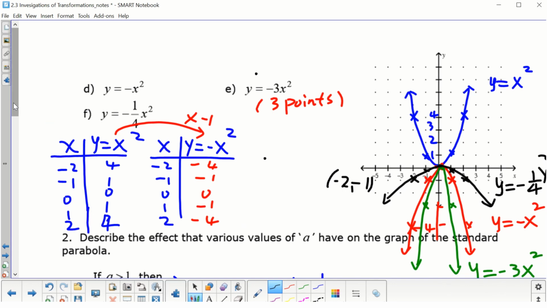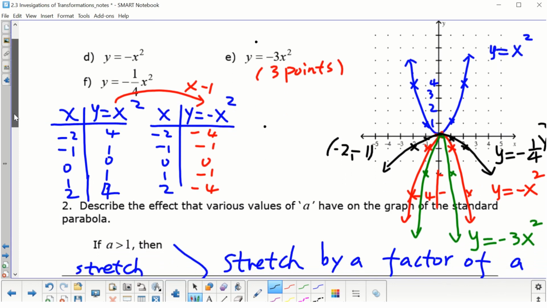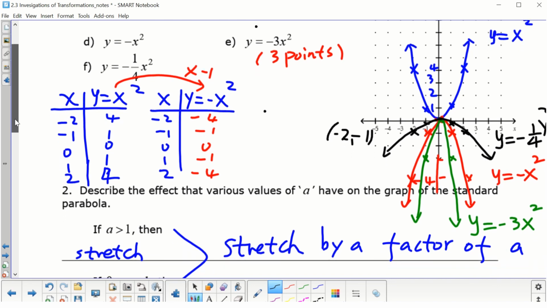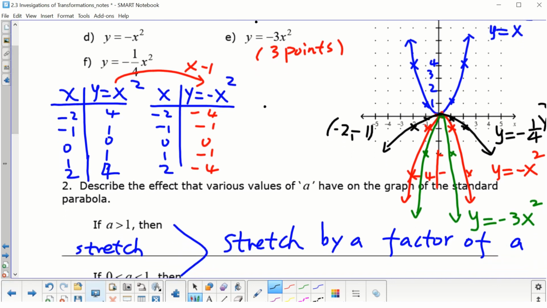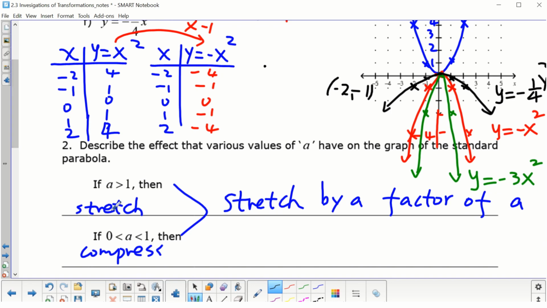So this is for the A value. So A P Q. And the conclusion is it doesn't matter whether A is greater than 1 or less than 1; on your test, you could just write stretch by a factor of A. In the textbook, they may use A greater than 1, they call stretch. A less than 1, they call compress.